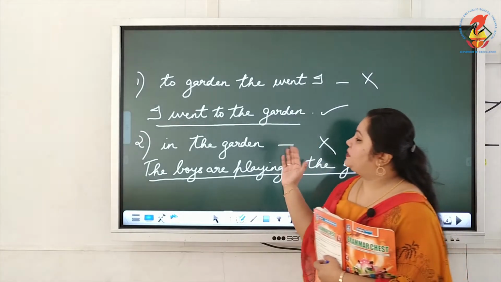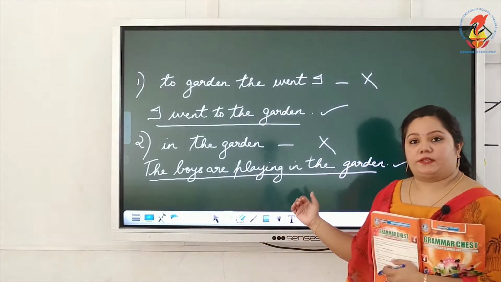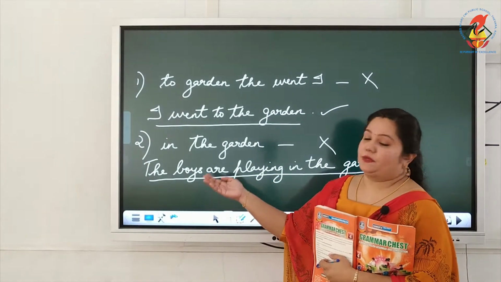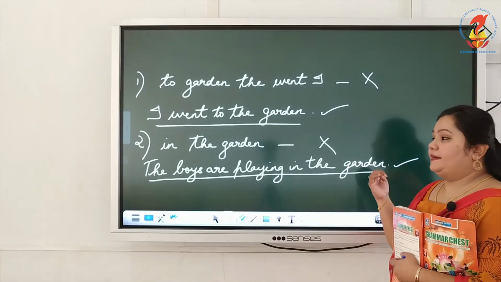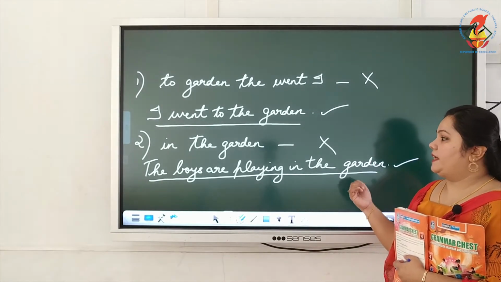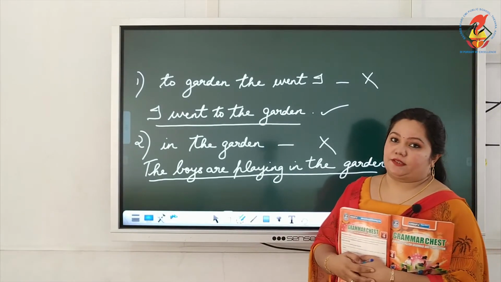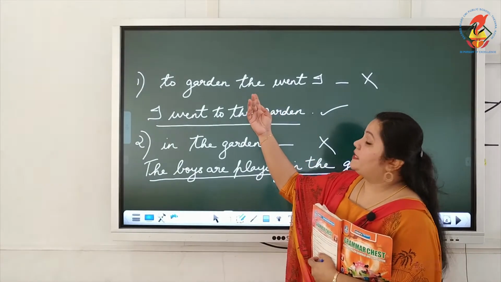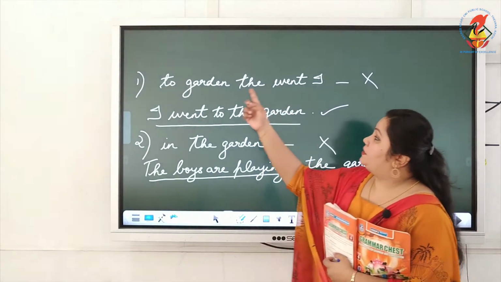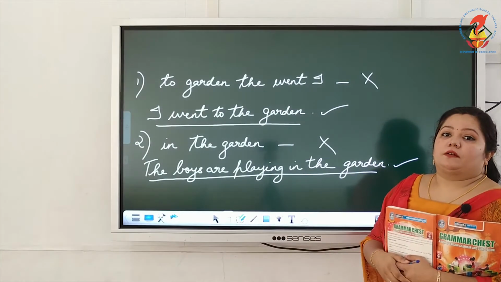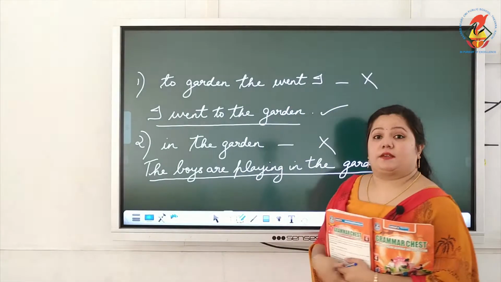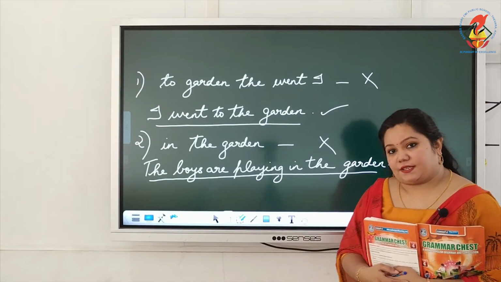So here we add a few more words in order to make it sensible. The boys are playing in the garden. So this qualifies as a sentence, but the phrase does not. Similarly, the first one, as I told you, is a jumbled group of words, and when you read it, you don't get an understanding, but when we rearrange it, we can make it into a proper sentence.